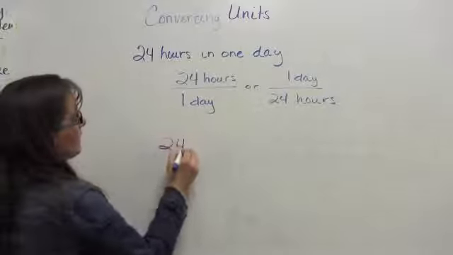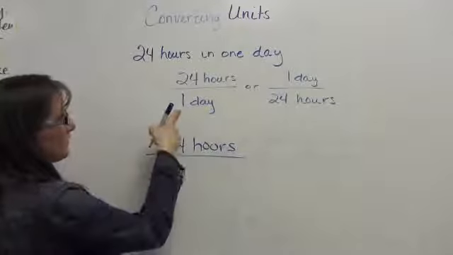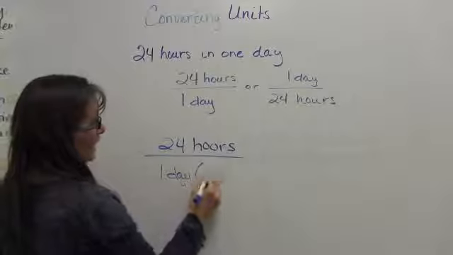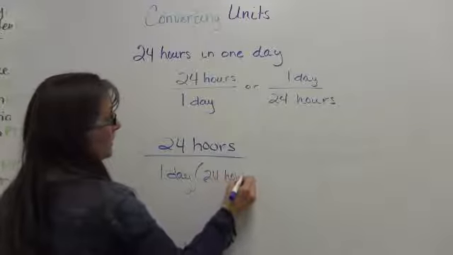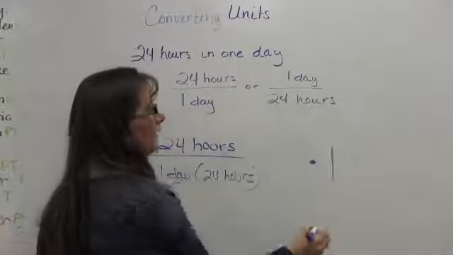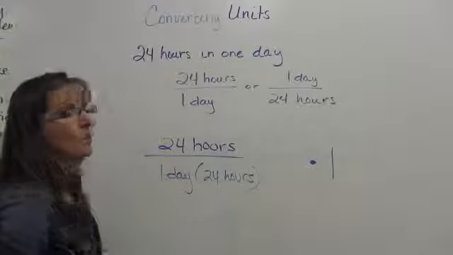If you'll notice, 24 hours is the exact same thing as one day, because in one day, I have 24 hours. So basically what I'm doing is multiplying by 1, because 24 hours over one day is the exact same thing as 1.